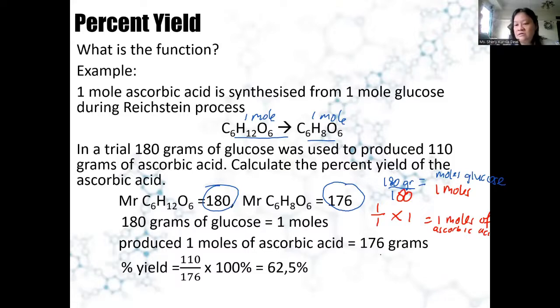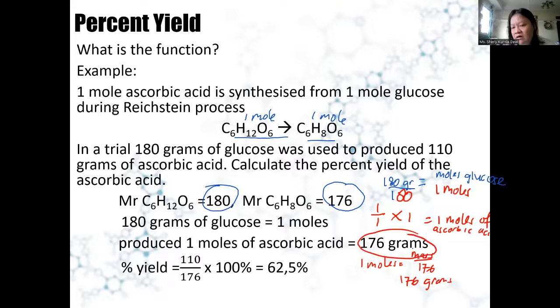So 1 mole of ascorbic acid is 176 grams.